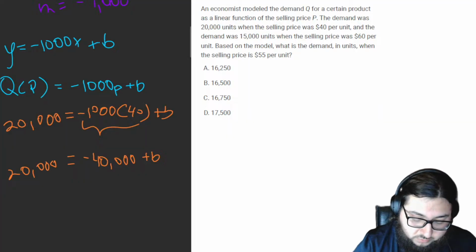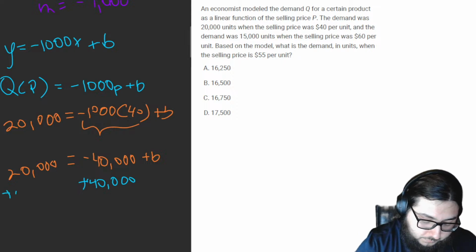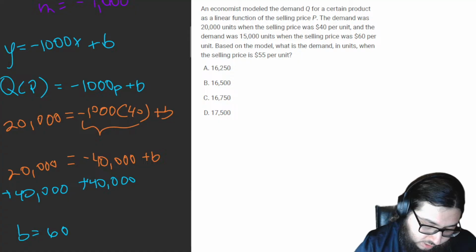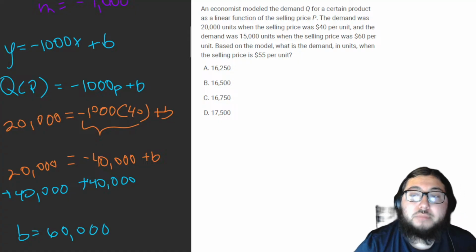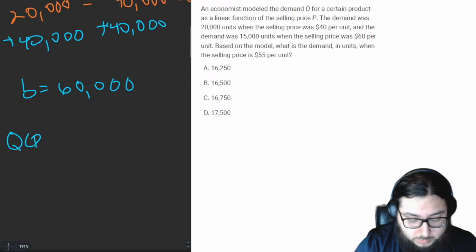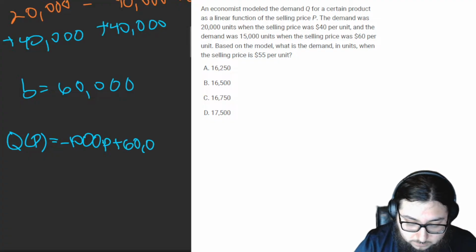So we just add 40,000 to both sides to get that B is equal to 60,000. So we've completed our slope-intercept form. We have that Q of P is equal to negative 1,000 P plus 60,000.